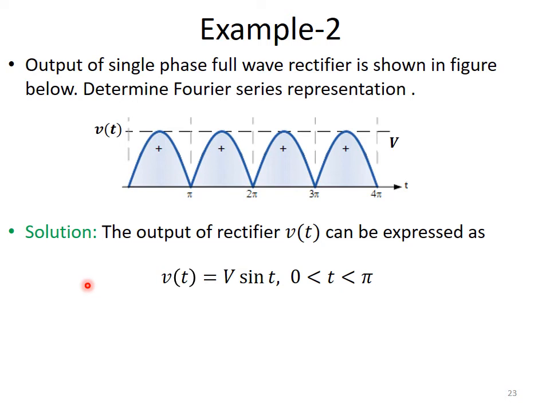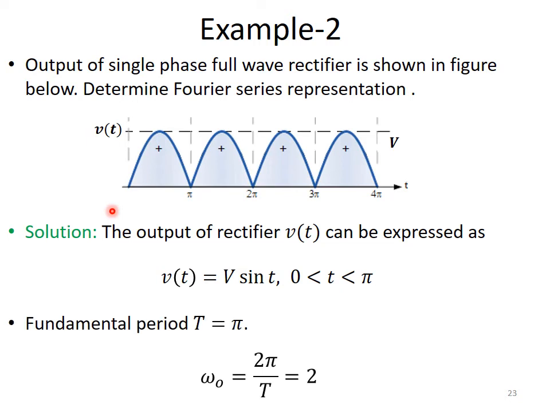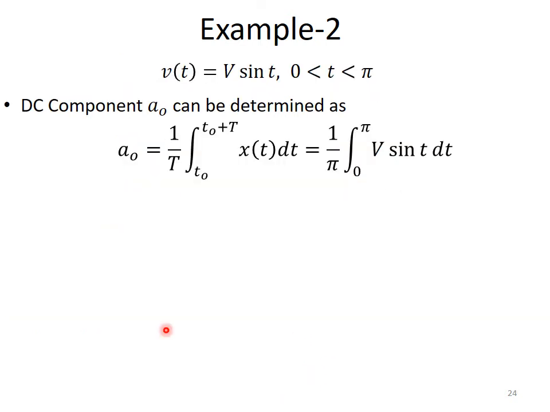So in order to do so, we have to find out the Fourier coefficients a_k, a naught, right? So first we'll find out the DC component. Here the fundamental period is equal to pi, therefore omega naught is simply equal to 2. So DC component a naught can be determined by taking integral of V sin t over one period which is 0 to pi, right?